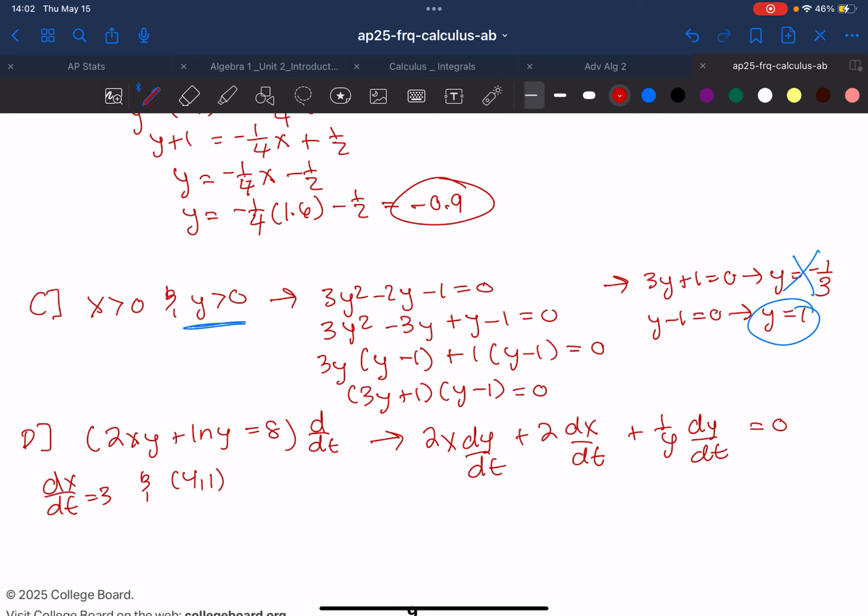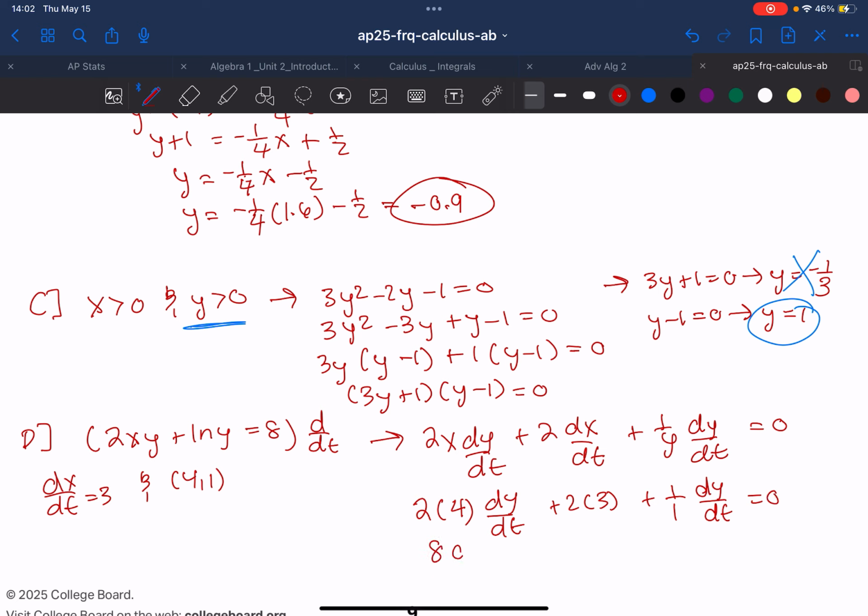I know that dx/dt is 3, and I know that x is 4 and y is 1, so I have 2 times 4 dy/dt plus 2 times 3 plus 1 over 1 dy/dt is equal to 0.